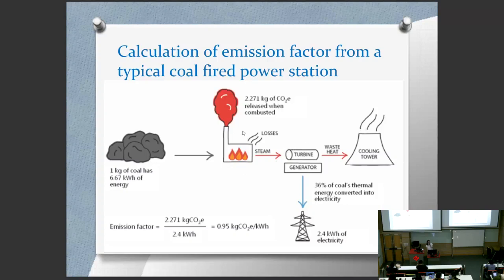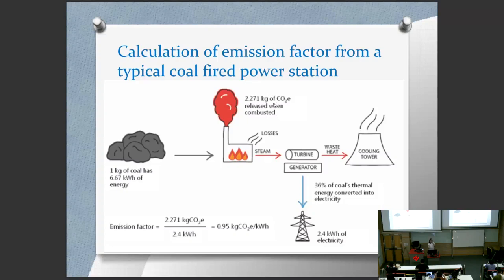And during this process, when you burn the coal, it will release carbon dioxide and maybe nitrous oxide and other greenhouse gas. So by burning this amount of coal, 2.271 kg of carbon dioxide equivalent will be released. This amount of greenhouse gas will be released.